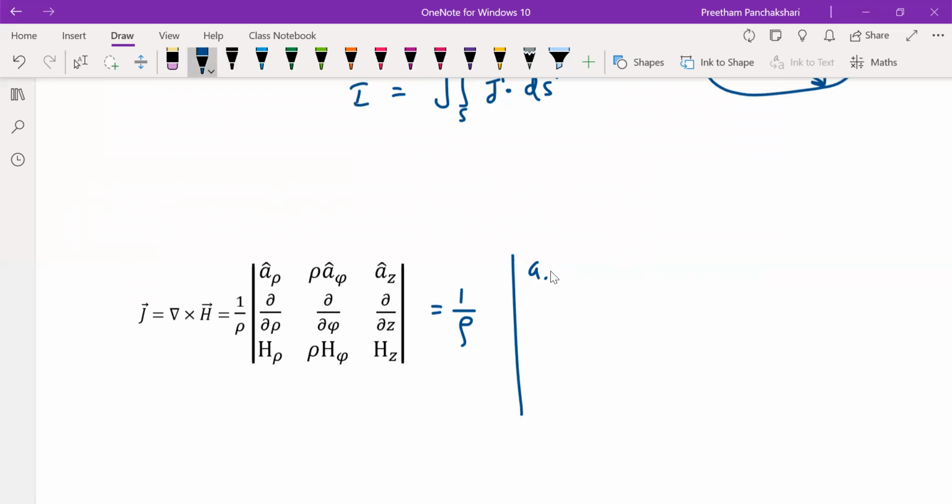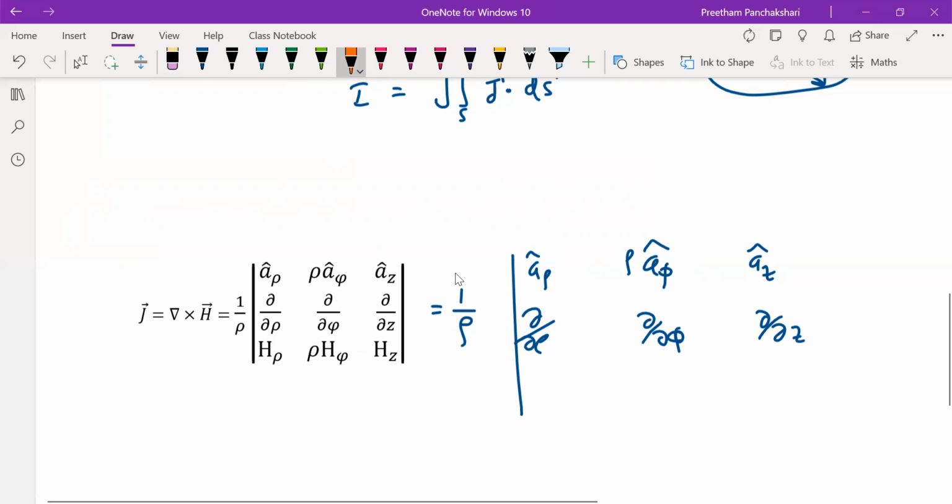The first row is unit vectors, no change. Second row, partial derivatives, again no change.